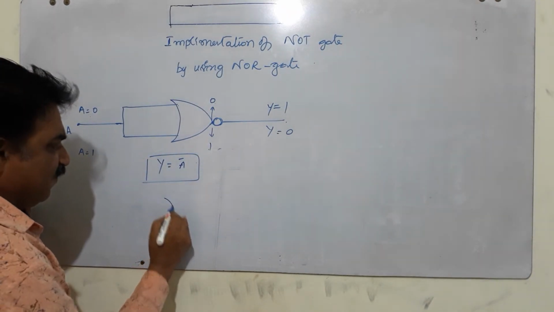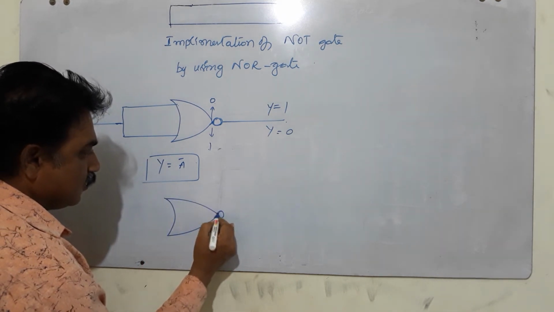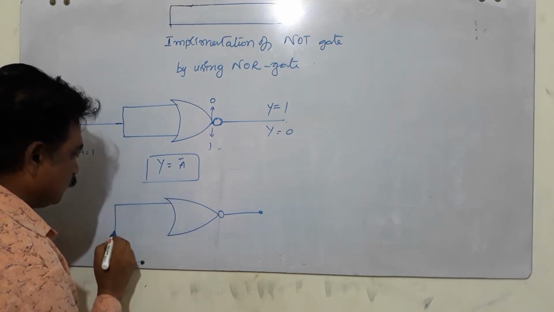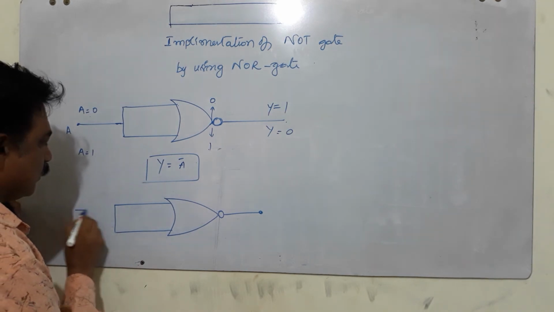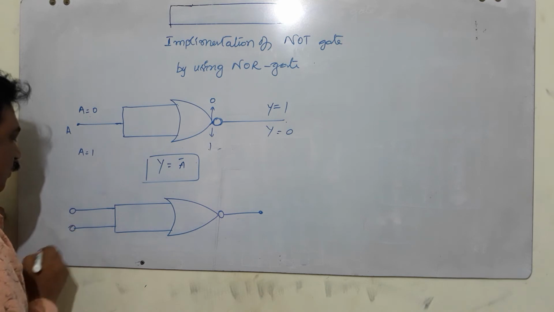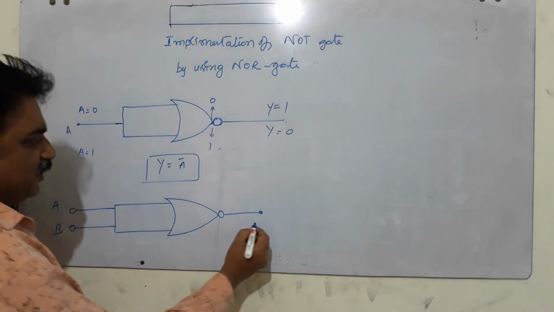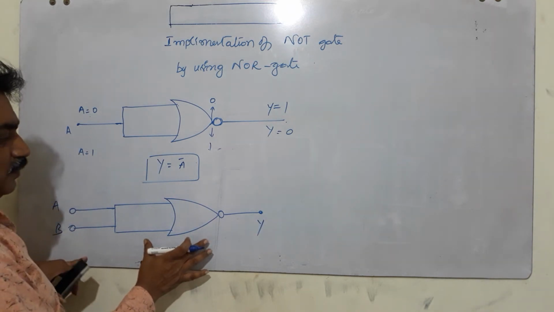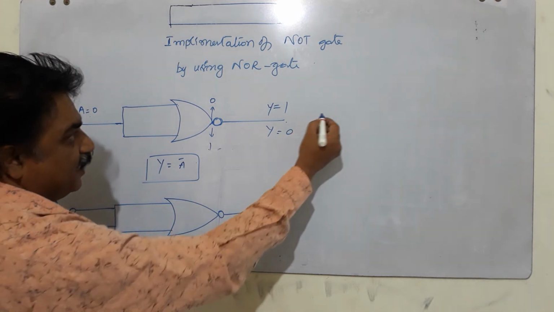And if you take two inputs just like this, two input NOR gate which is acting like a NOT gate.